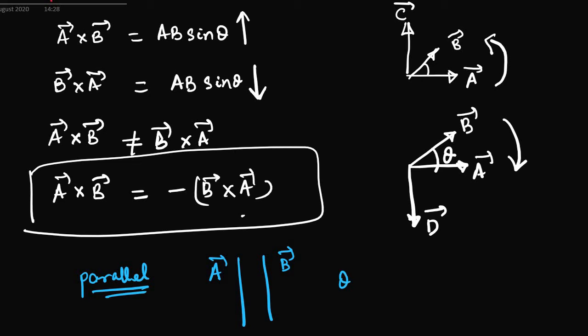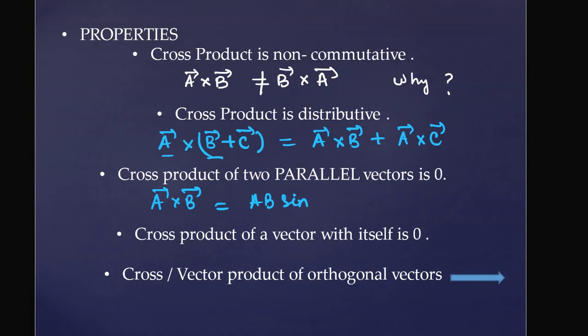It is of course theta equals 0. If theta is 0, then sine 0 will be 0, of course. So the cross product of two vectors which are parallel to each other will be 0. That's what I have written here. So cross product of two parallel vectors is always 0.